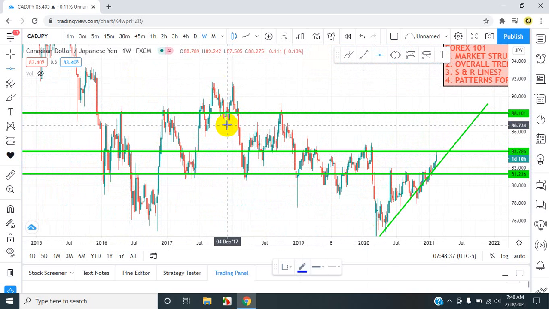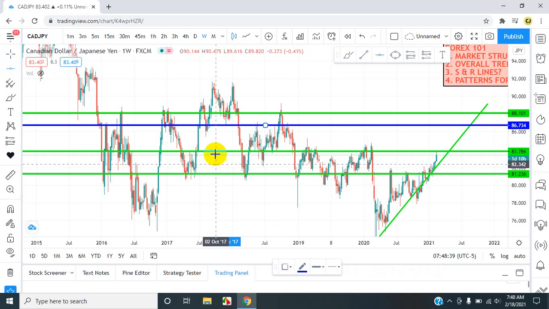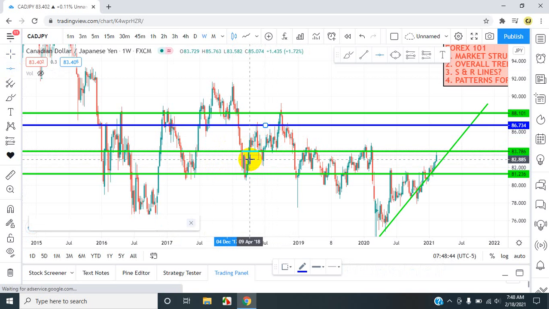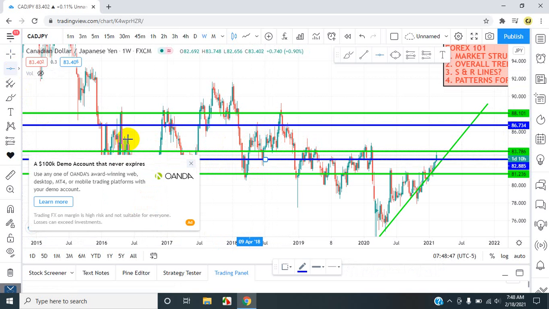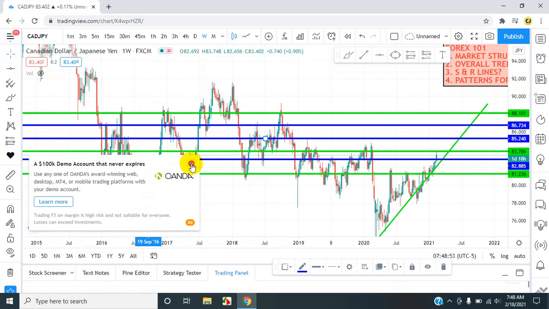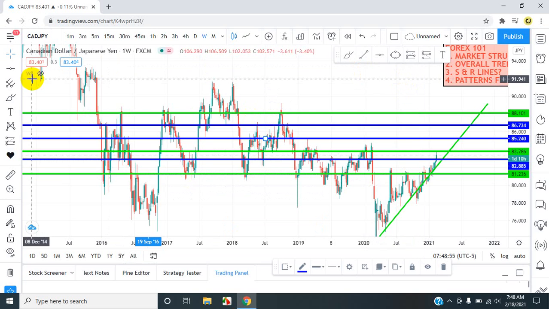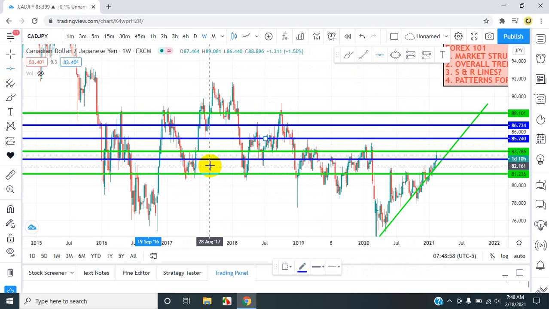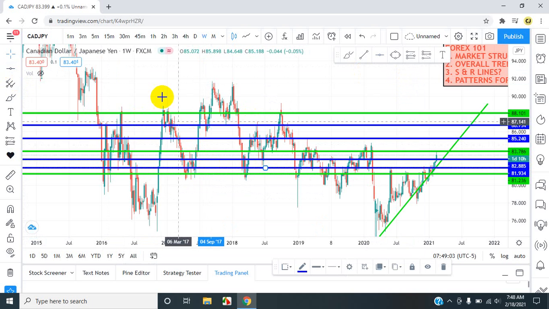So we're going to grab peaks. Okay, we grabbed all the peaks, the SR lines on the weekly time frame.